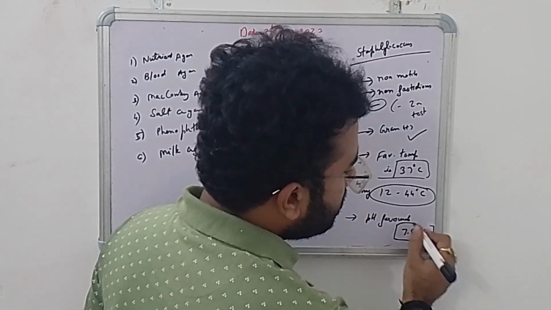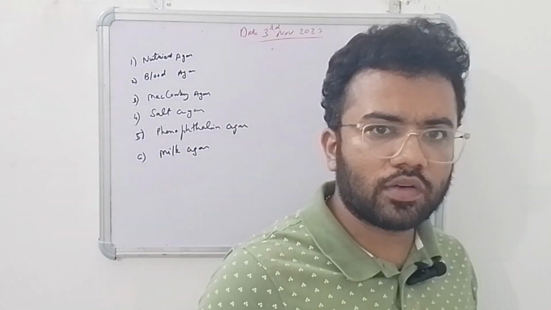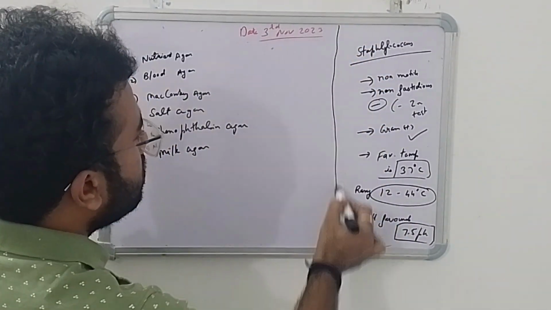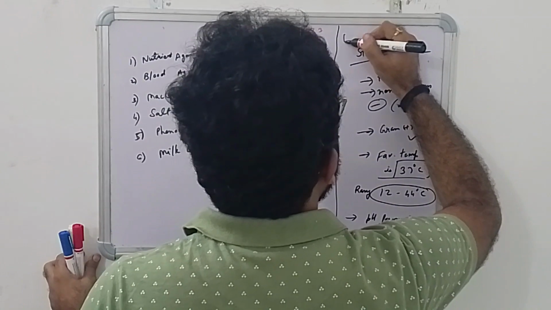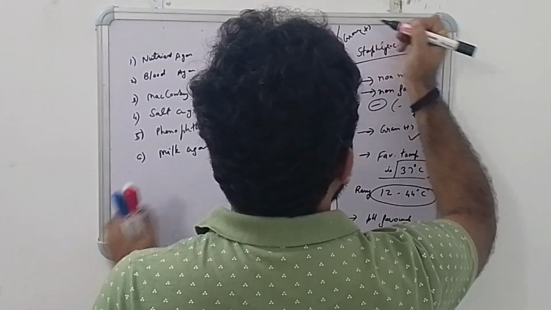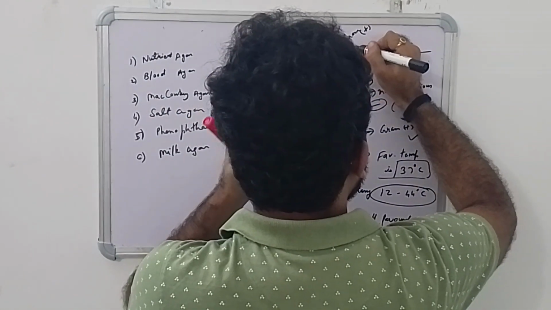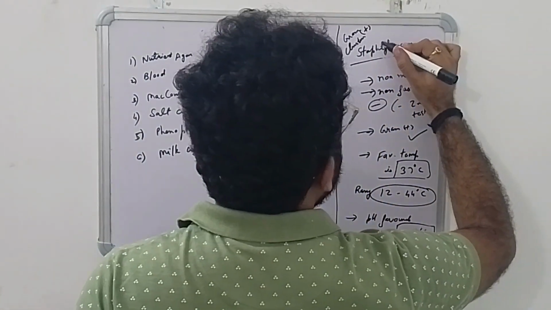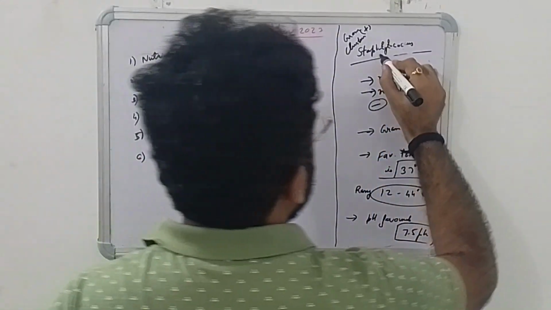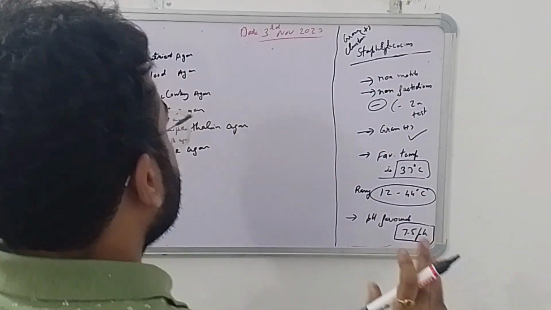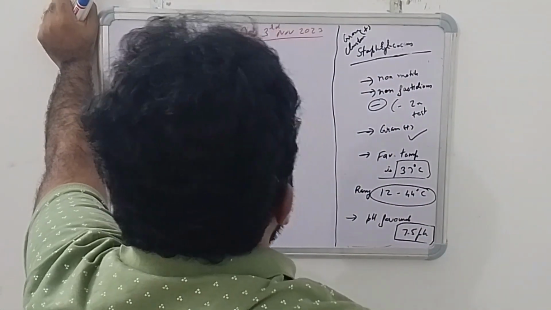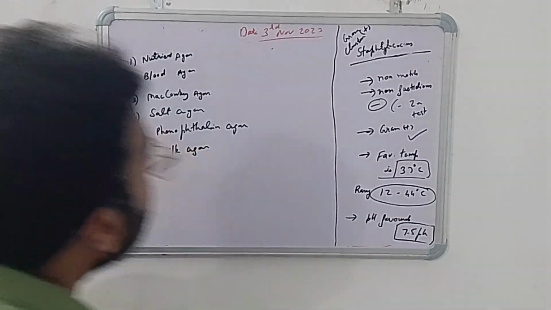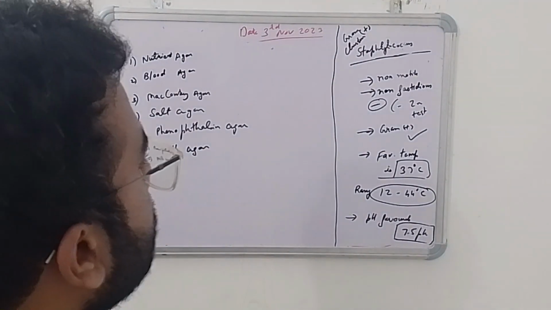You all know that the pH scale is from 0 to 14, okay? So it's near neutral. Those are all the characteristics. It's Gram positive, you will see purple clusters. Non-motile, non-fastidious, and there are 3 species of Staphylococcus and many more variants and subspecies also. So this is clear.